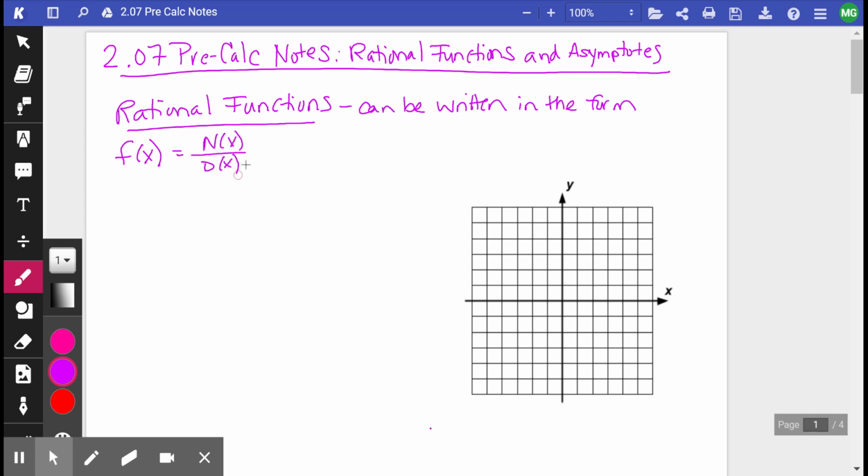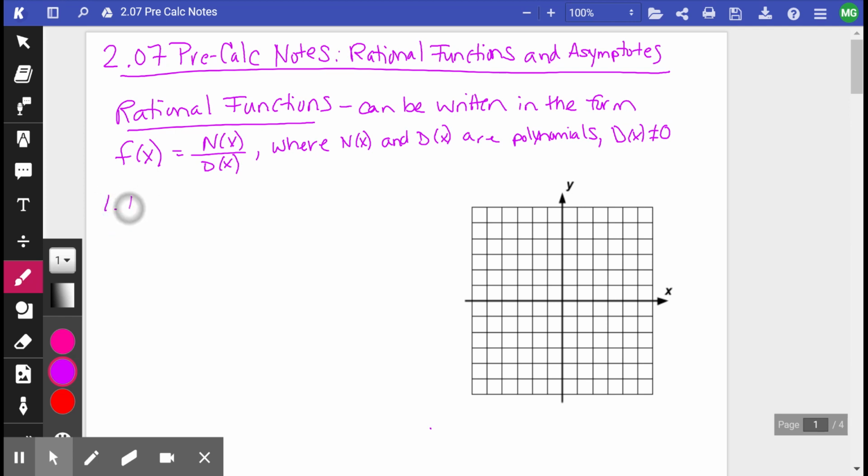So I'm calling n of x your numerator, d of x your denominator, n for numerator, d for denominator, where n of x and d of x are both polynomials. And obviously, hopefully, you realize that d of x cannot equal 0 because it's in the denominator. So we'll just make that note right there.